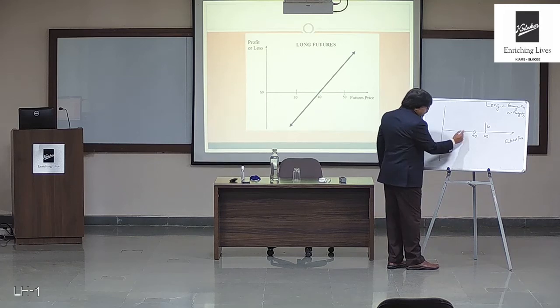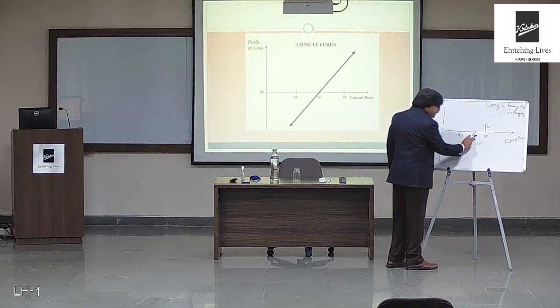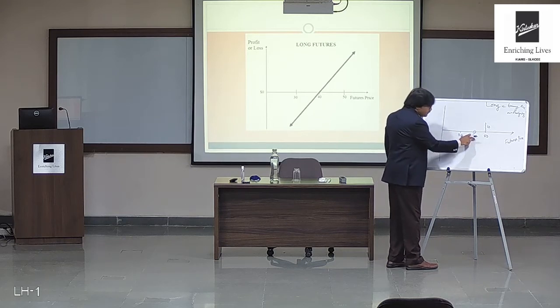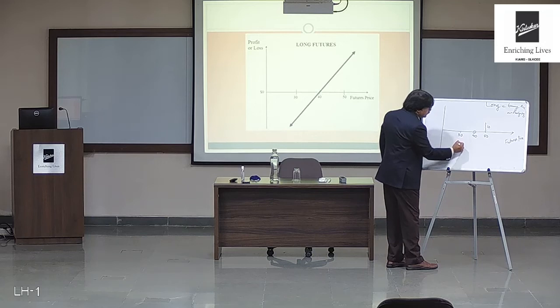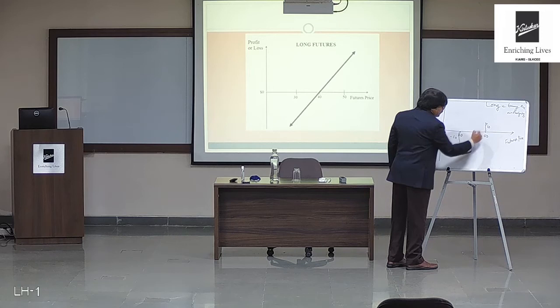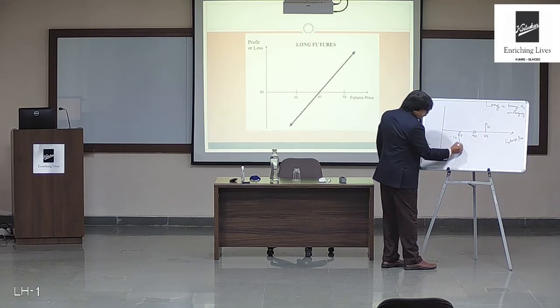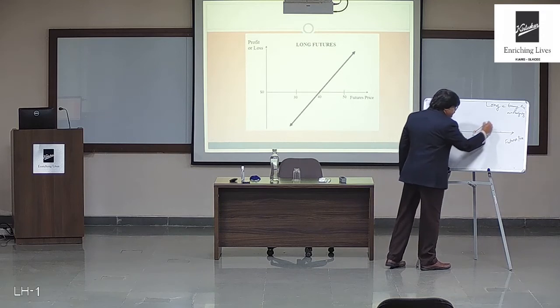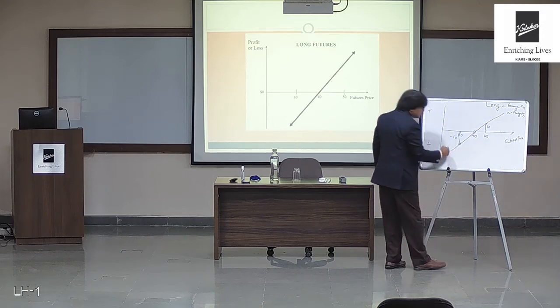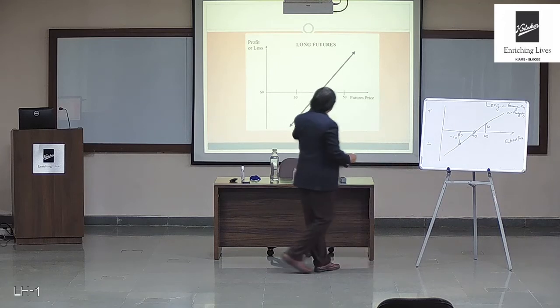If the market price of the futures contract goes down to 30, whereas he has to buy at 40, that means there is a loss of 10. So you can show this as positive and this as negative: a loss of 10 is negative 10, and this is positive 10. That point can come here, and similarly you can draw the other points. When you join these points, you can see it's a straight line, looking like this.